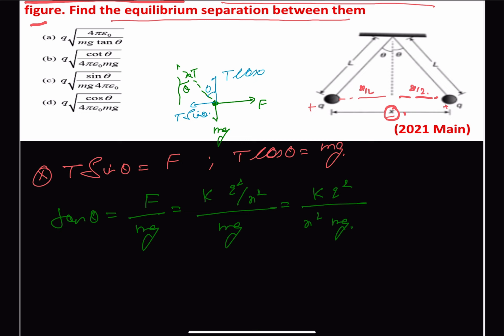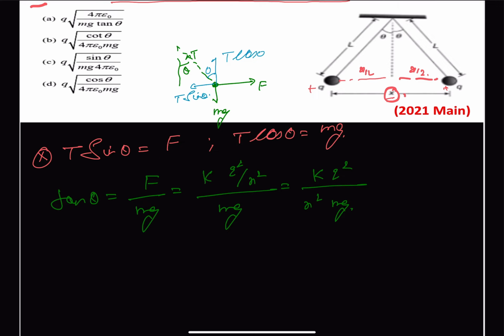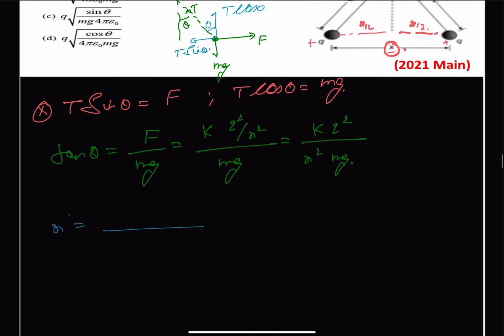Okay, there is no need to find out tangent because the options are in sine, cos and tan, so we simply find out our value of x square. So we can say our x will be equal to K Q square upon mg tan theta, and its square root.